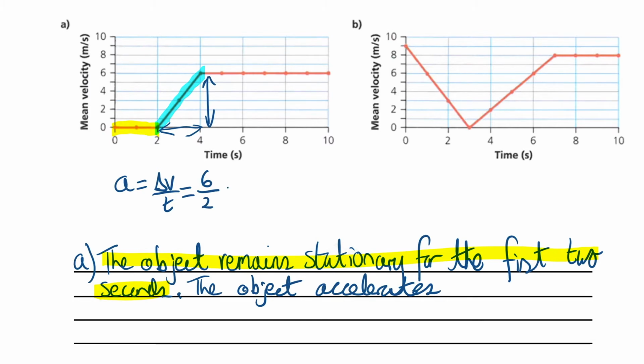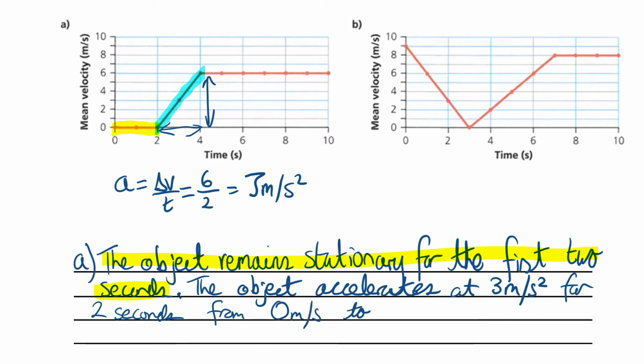So that's 6 divided by 2, and that's 3 meters per second squared. The object accelerates at 3 meters per second squared for 2 seconds from 0 meters per second to 6 meters per second.